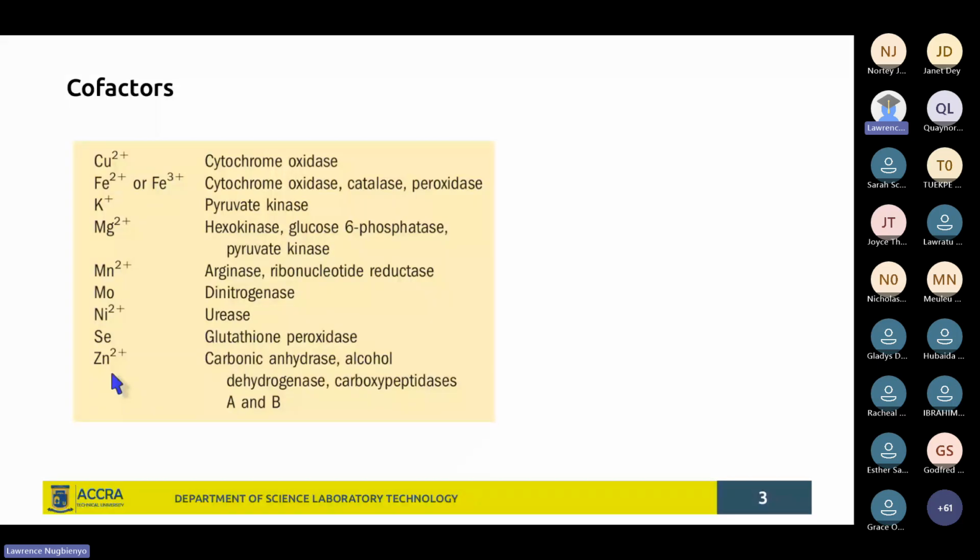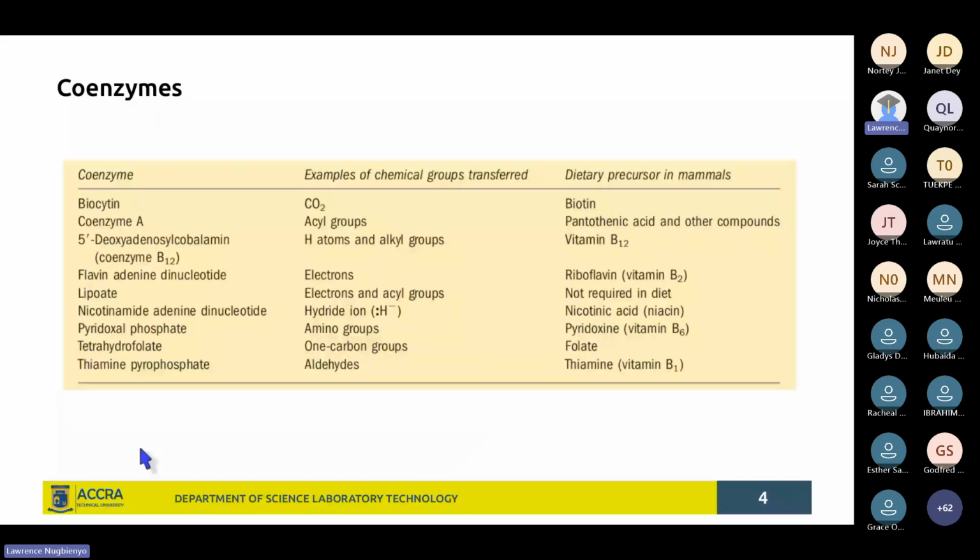Then what are coenzymes? So the coenzymes, these are not metal ions. These are organic molecules, usually derivatives of what we refer to as the vitamin B complex.